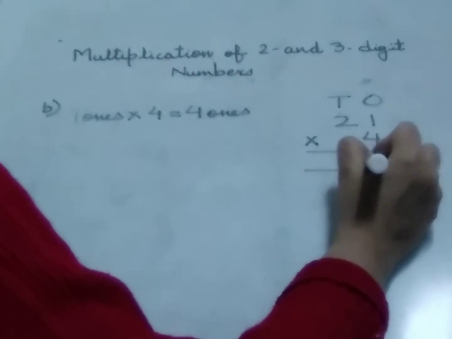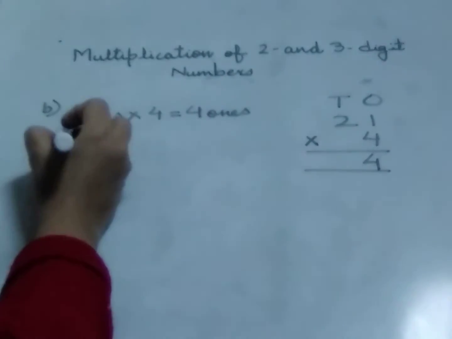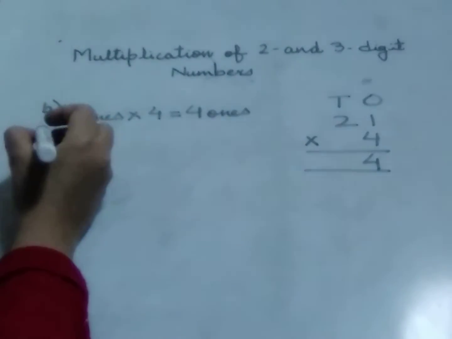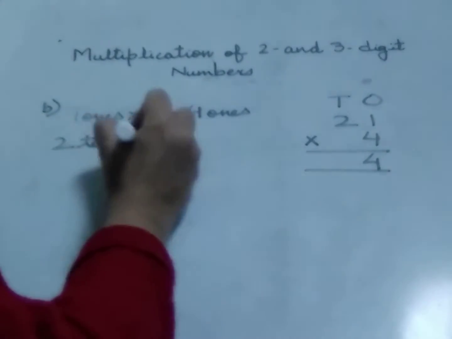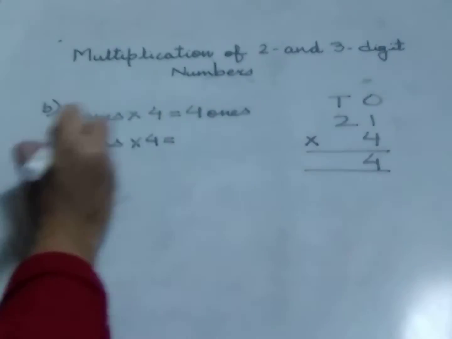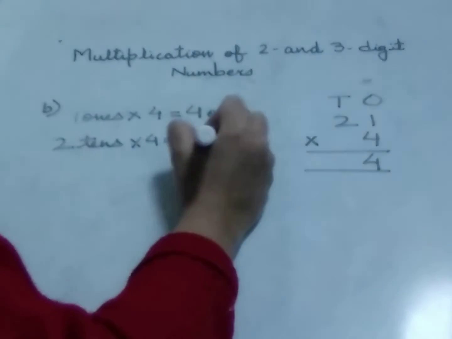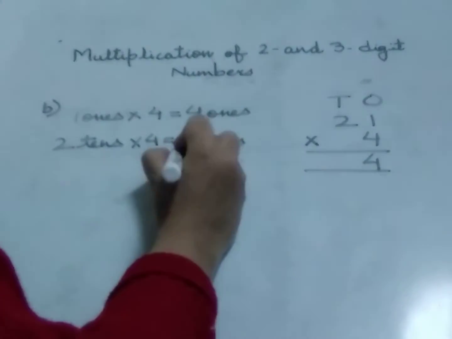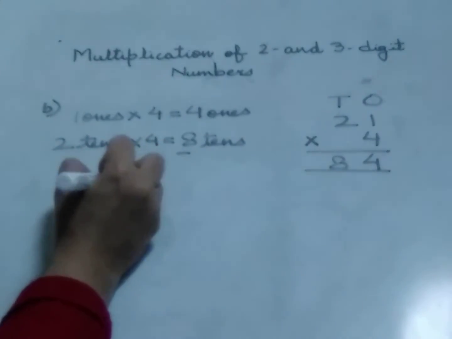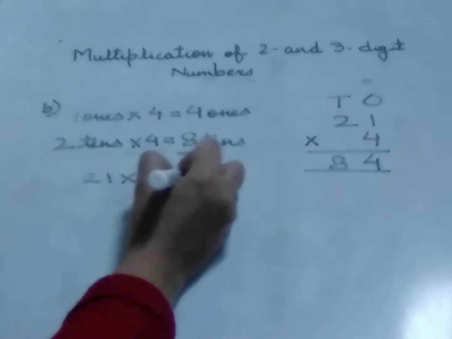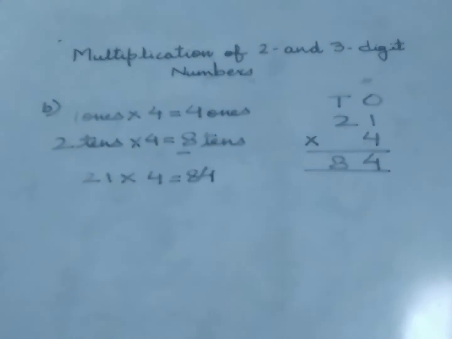So write 4 in the ones place. Similarly multiply tens next. This is 2 tens multiplied by 4, which is 2 fours are 8, 8 tens. Write this 8 in the tens place. So our answer is 21 multiplied by 4 is equal to 84.